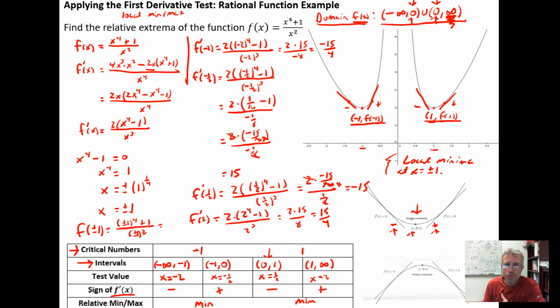So we're going to wind up with just a 1 plus 1 over 1 squared, which is just 1. We wind up getting 2 over 1, which is just 2. And it looks like that's what the graph is showing us we should get at the output. So I could say that the local minimum output is a 2 located at ±1, 2.